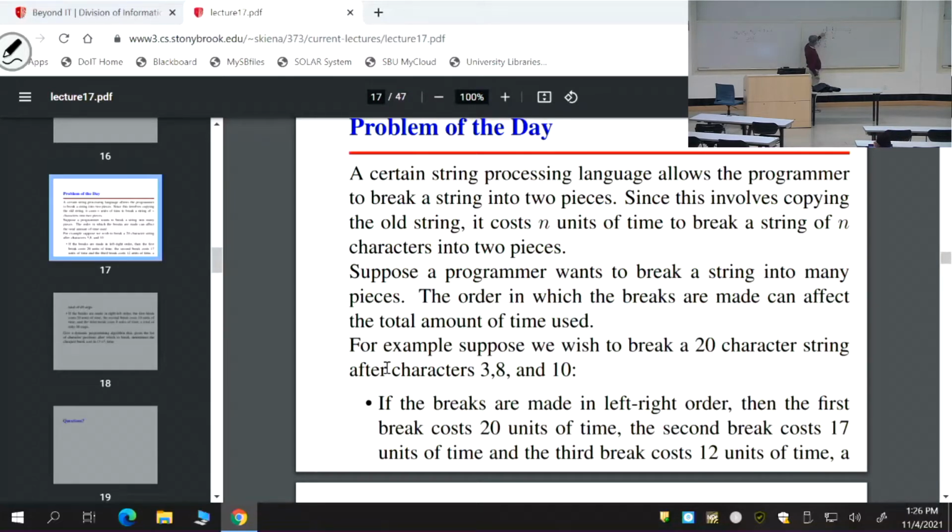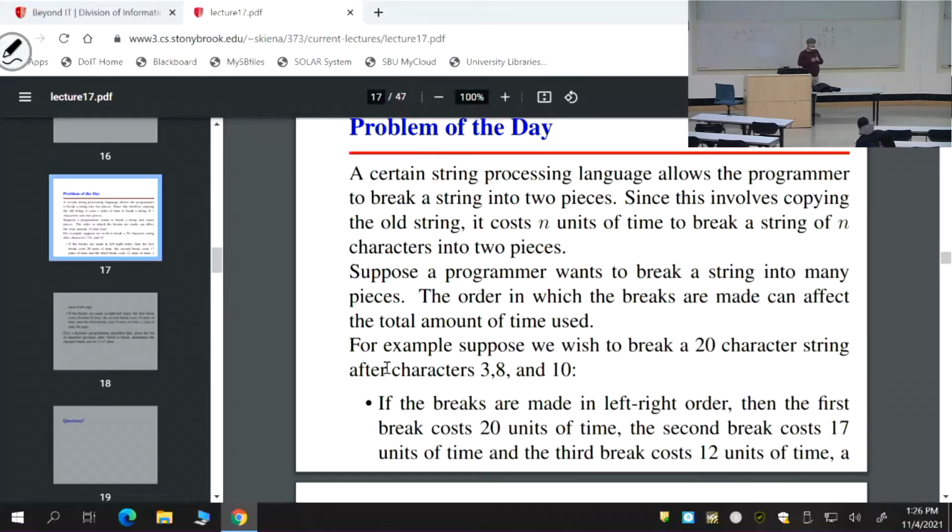What would this be? 8, because now I'm cutting up this side. Now, what if I cut it at 10? How much is that going to cost? 12. And what's this total come out to? 40. So this was the best one. Does everybody agree that this happened to be the cheapest of the ways of doing it?